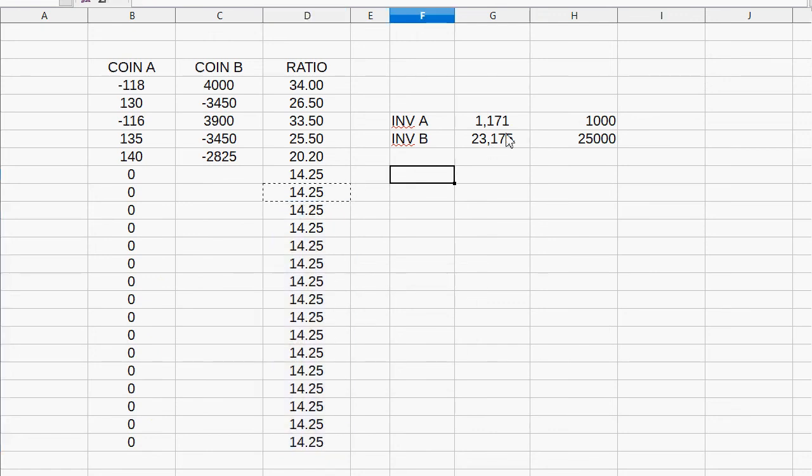Okay. So we have 1171 and 23,175 of inventory B. So at this stage, I mean, pretty close to the starting number, not a little below. And we have 171, which are above.